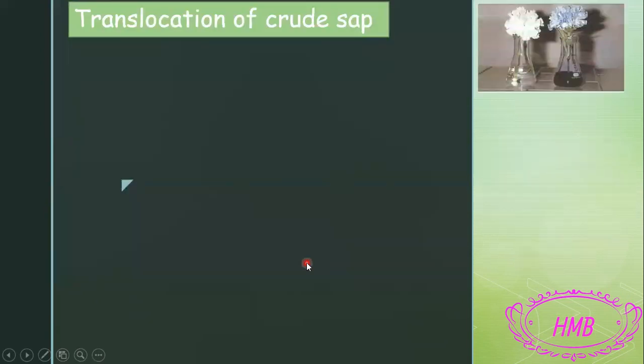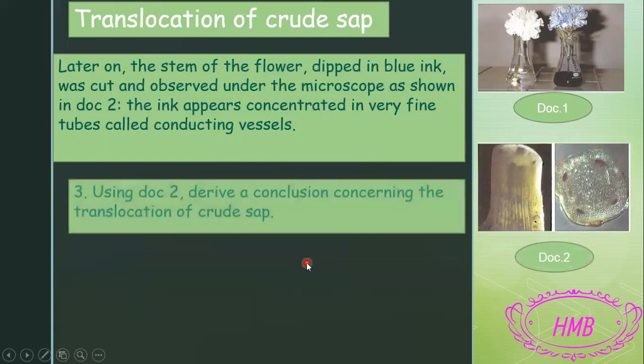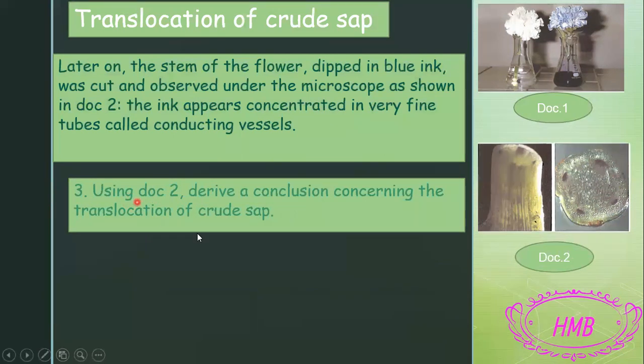Now, we are still in the same experiment. The question is, using document 2, derive a conclusion concerning the translocation of crude sap. Pay attention, in the first question, they asked us about the problem.